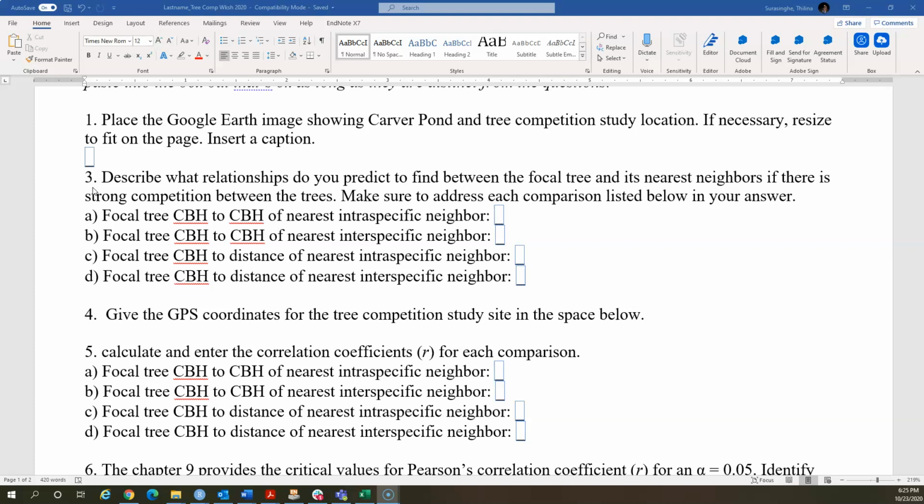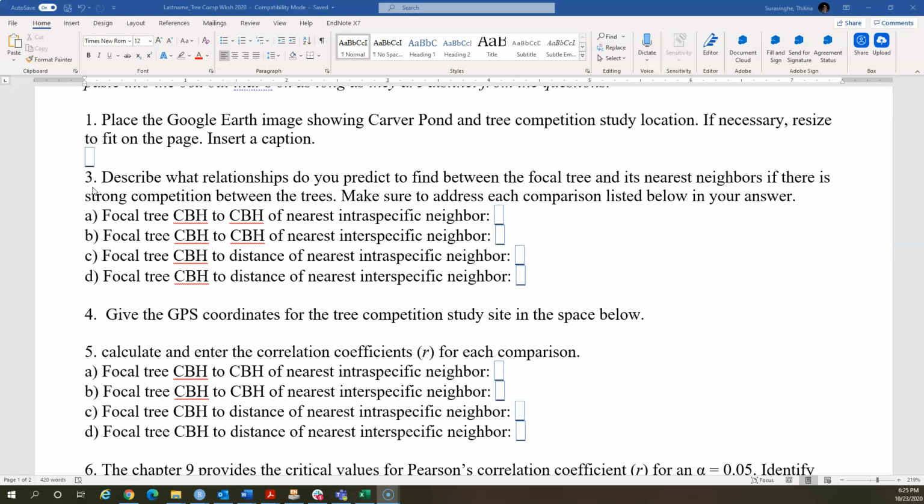Question number 3: describe what relationships you predict to find between the focal tree and its nearest neighbors if there is strong competition between the trees. Make sure to address each comparison listed below in your answer.